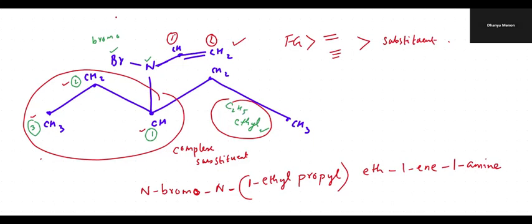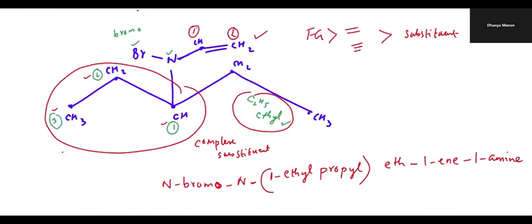So students, whenever there is a long chain and whenever there is a double bond, in this kind of situation where there's a confusion whether to make the long chain with the double bond or to make the long chain as the other one, so this is the name.